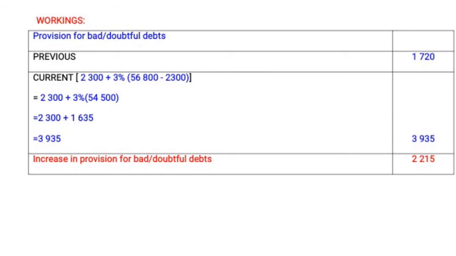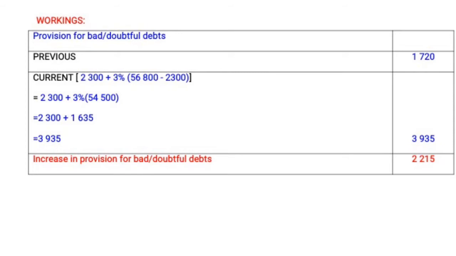So 0, 0. 8 minus 3, you get 5. 6 minus 2, you get 4. 5 minus 0, you get 5. So 54,500 are the remaining debtors after creating a specific provision of 2.3. So you have to multiply 54,500 times the given percentage.